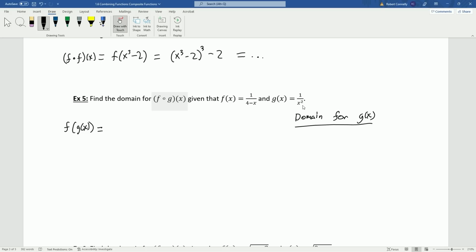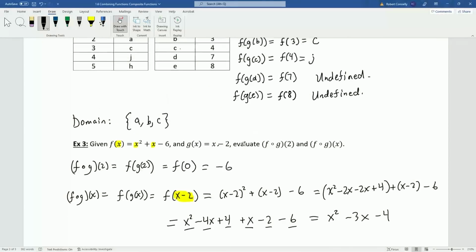Well, the domain for g of x is simple. It's all real numbers except x cannot be equal to 0, because you can't divide by 0, of course.